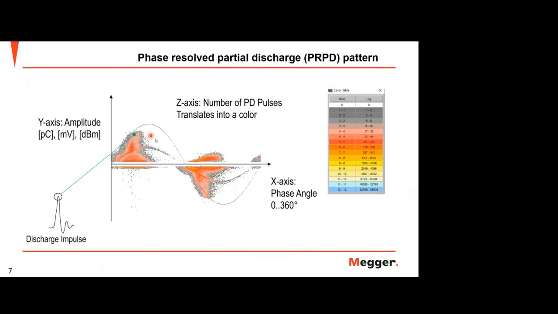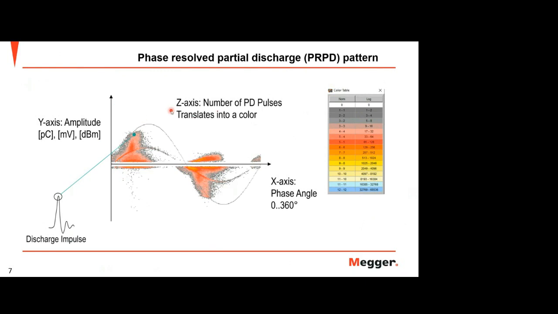If you have 50 hertz, the sinus wave length is around 20 milliseconds. The Y axis is the amplitude of the partial discharge measurement, either in picocoulomb, millivolt, or dBm. So the Y axis shows you the magnitude of the PD.